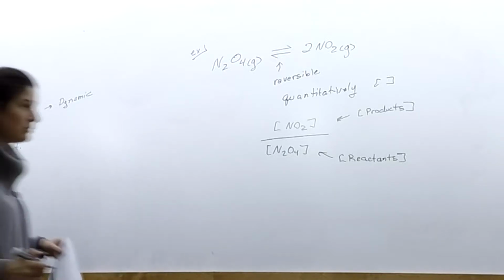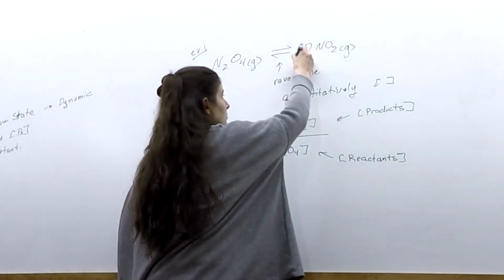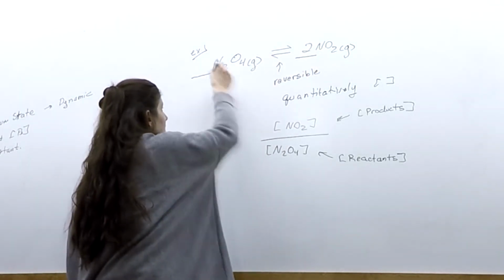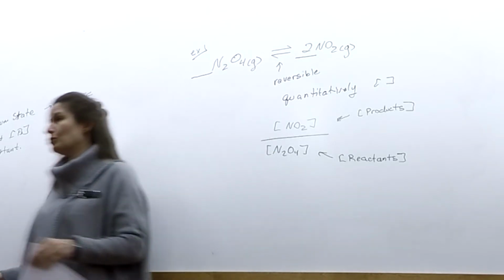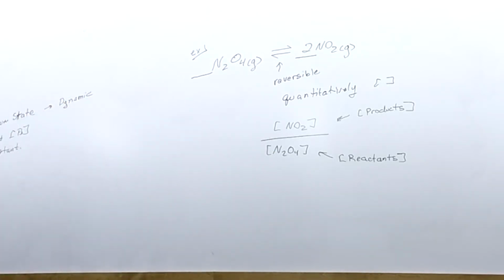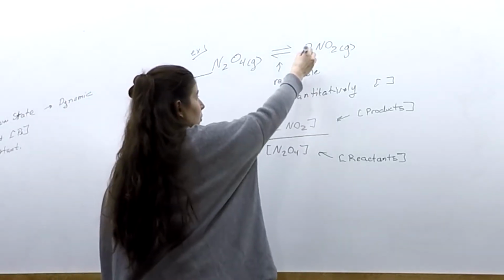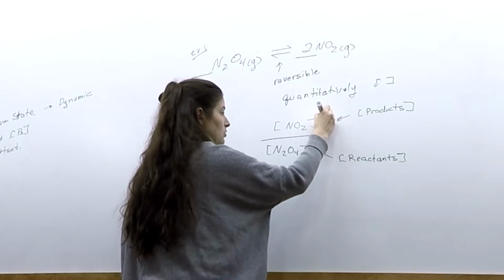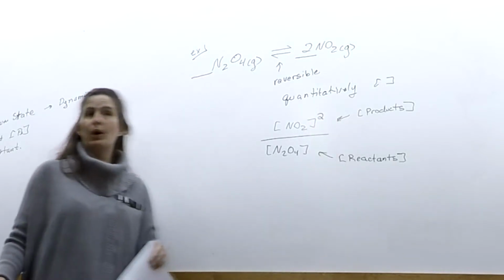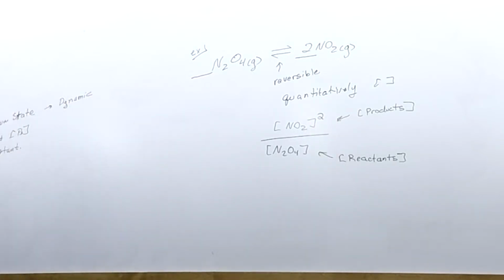The next step to writing these is that I am going to take my coefficients into account. Because it's a ratio, I must know how much of each one of my products and reactants I am reacting or producing. So I'm going to put a 2 after the concentration of my NO2, so that will be squared.